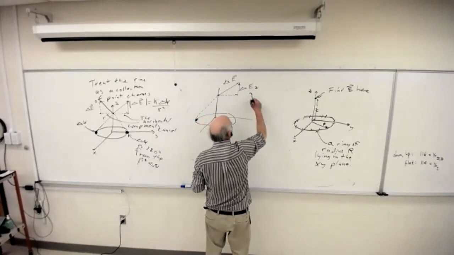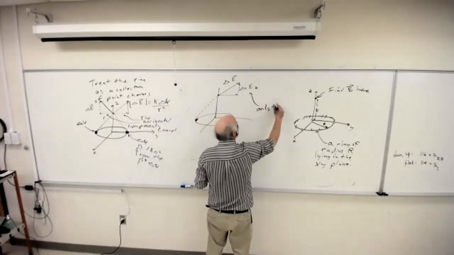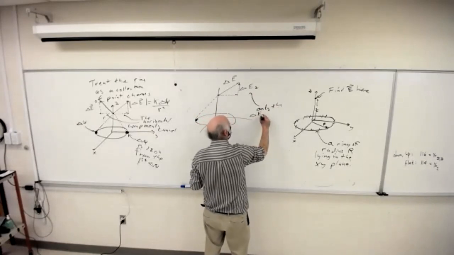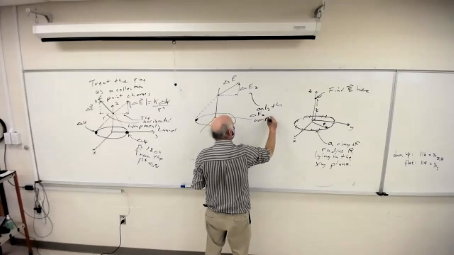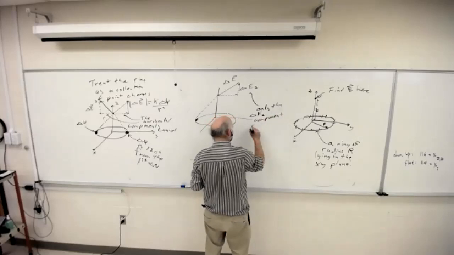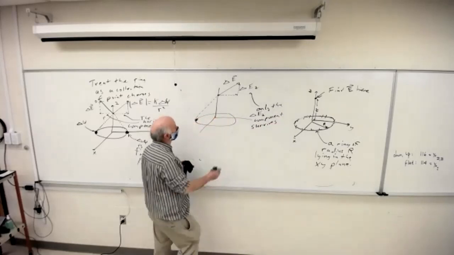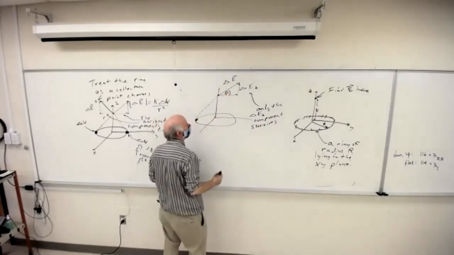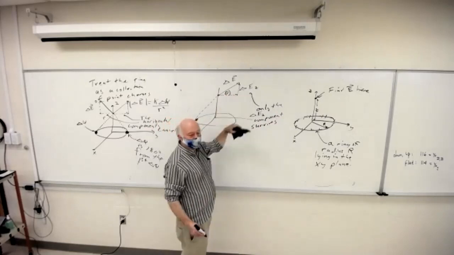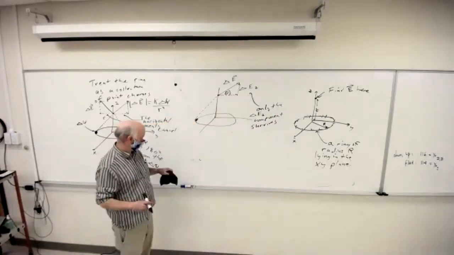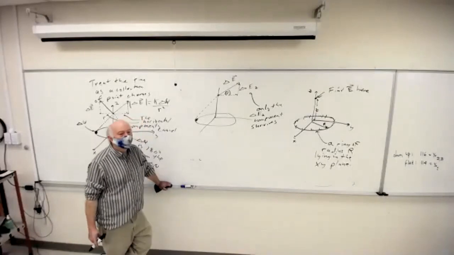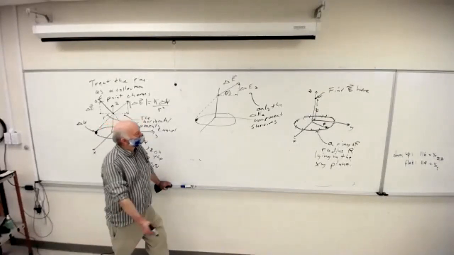So only the delta EZ component survives. So let's call this theta. Tell me what this delta EZ is, from this picture here.